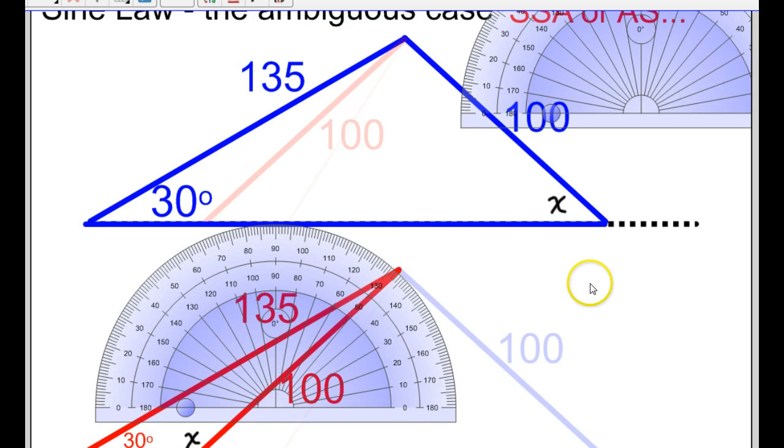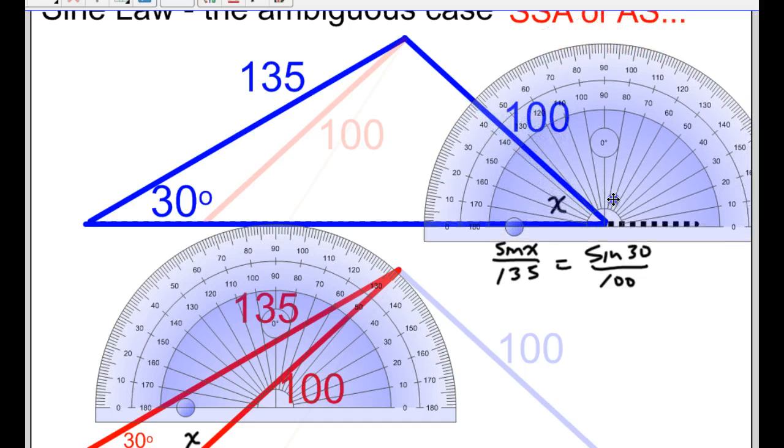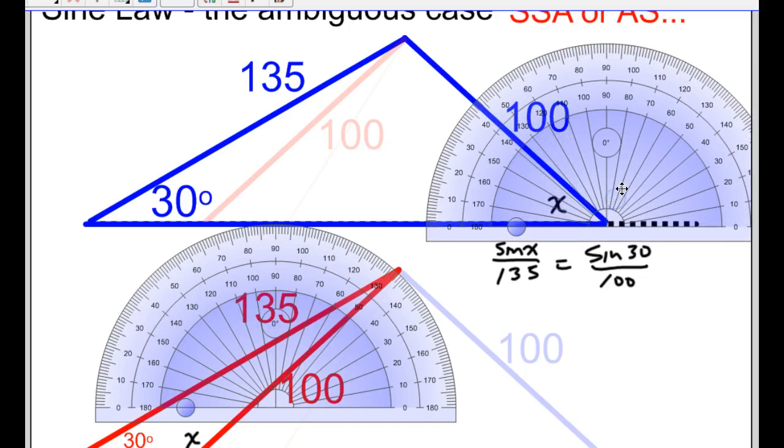And if I did just a regular sine law question without really thinking about this, I'm going to be writing that sine X divided by 135 is going to be equal to sine 30 divided by 100. But you recognize right away that this angle and this angle are quite different, and so obviously I need to be able to figure out which one of those is the situation I'm interested in.